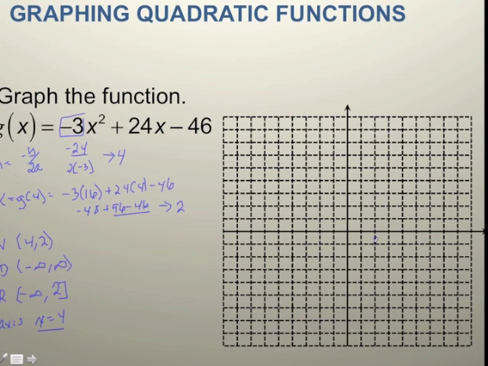Graphing it, numbering by ones. The vertex is at (4, 2). It opens down and is skinnier by a factor of 3.